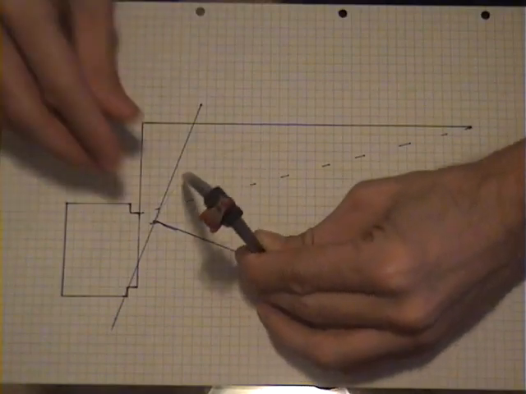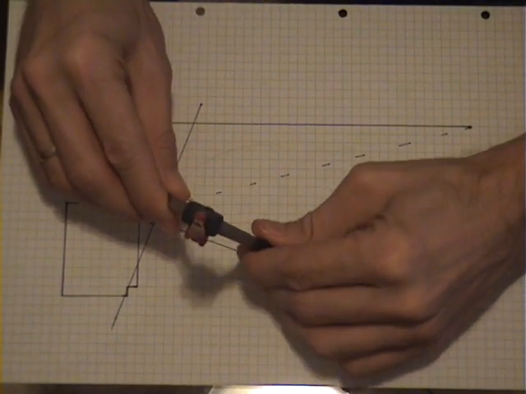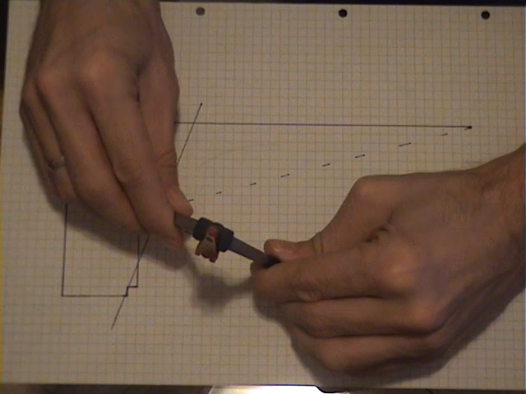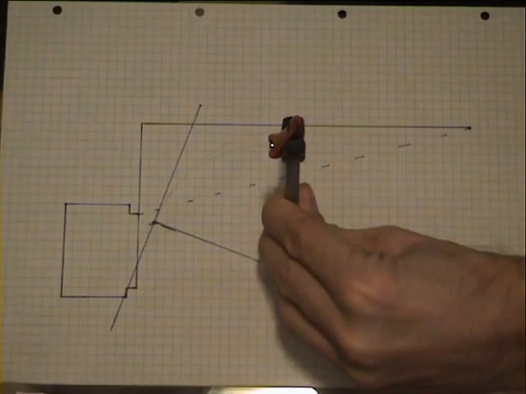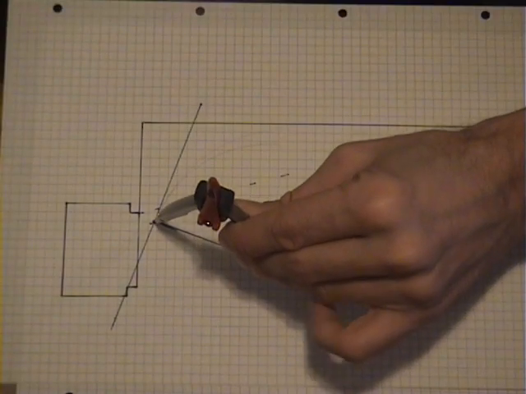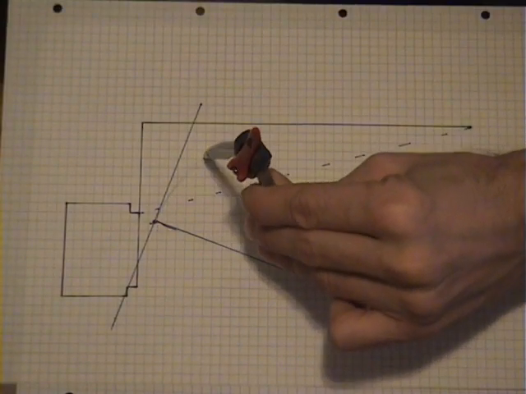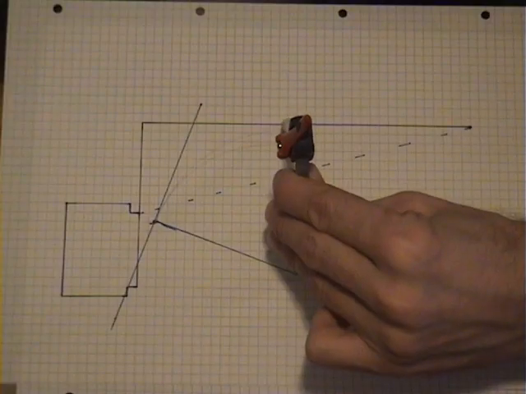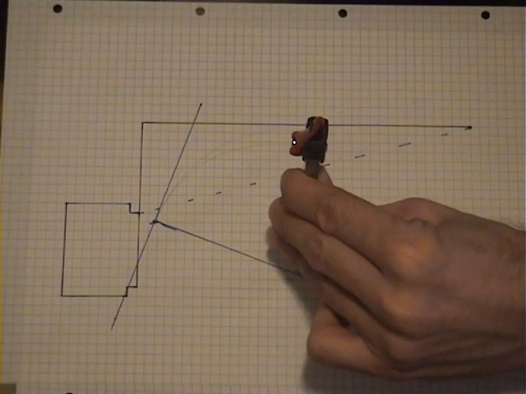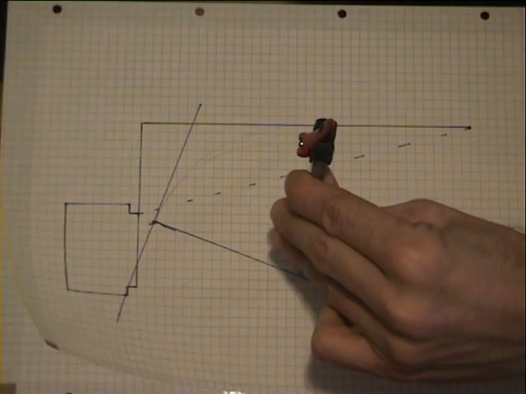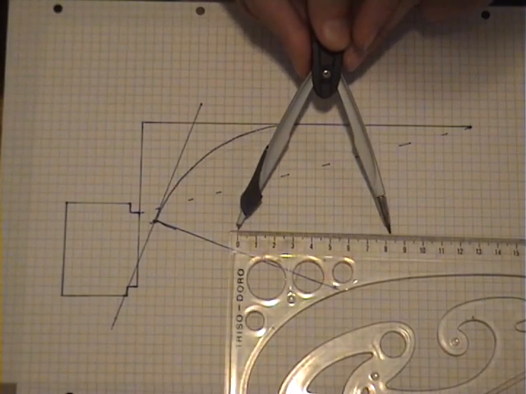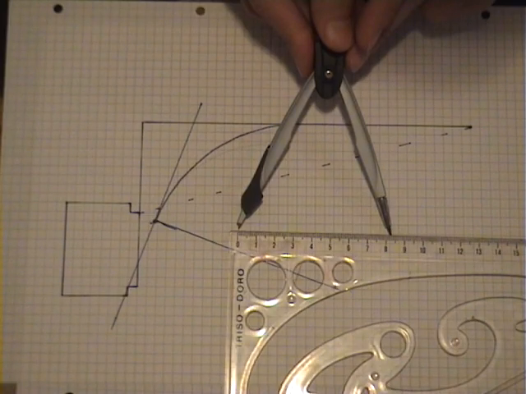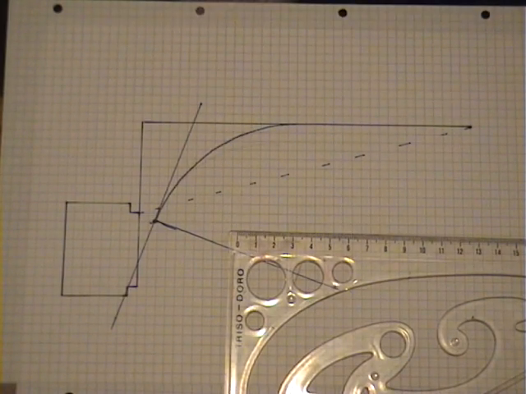If the circular arc and the y-axis do not join, move the compass until the joining point is found. 9. Carefully measure the value of the open compass. This value is the radius of the curve.